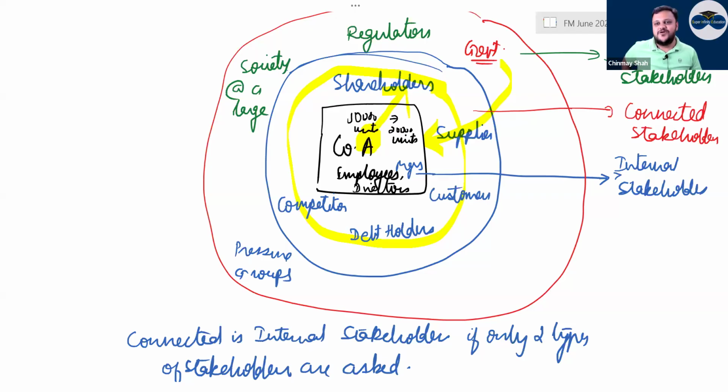More Pushpas will be born. The export of wood, the raw material for furniture, will happen. This is the problem that we are facing. So society at large will be affected because of this, and shareholders' profitability will increase. So society at large versus shareholders, conflict will arise. Correct or not? Makes sense. This is what conflict is all about.